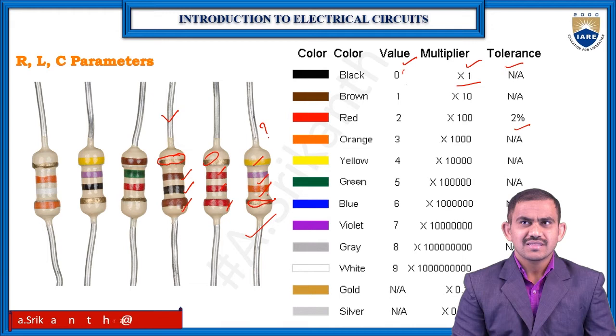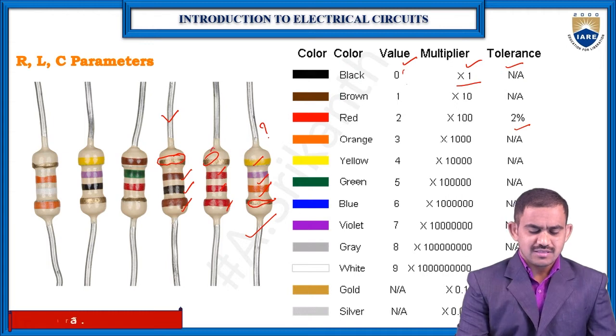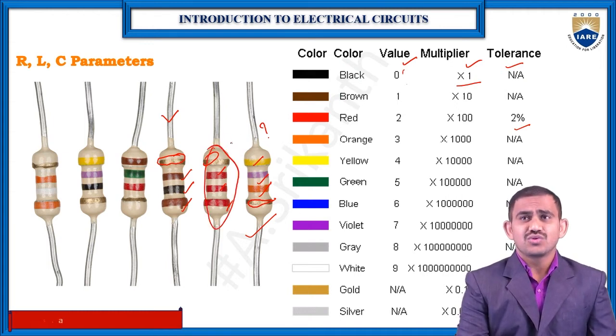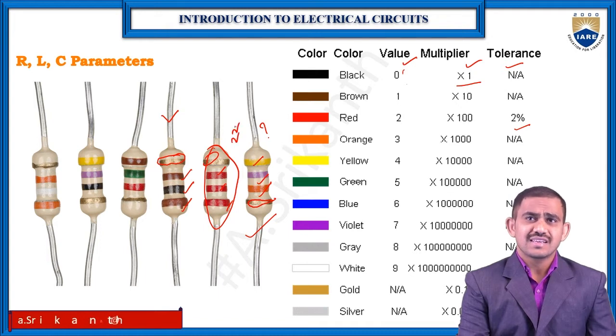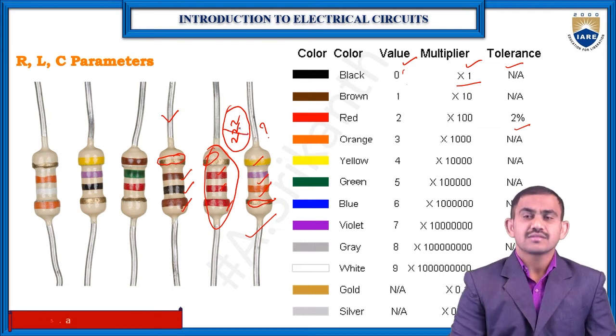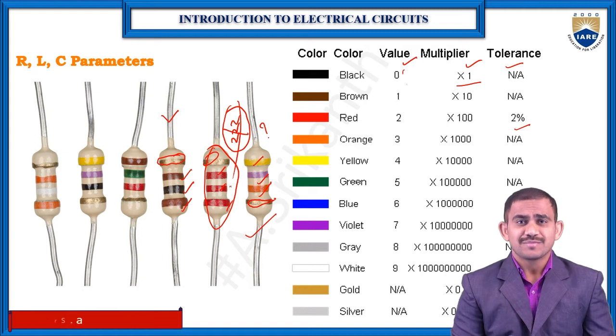Black means 0, brown means 1. To find the value for this resistor, red 2, again red 2... no, this is wrong. To measure the resistor values with color coding, we have some steps.